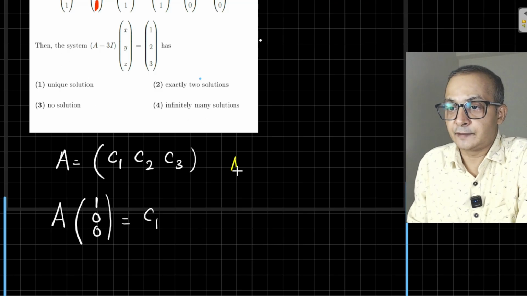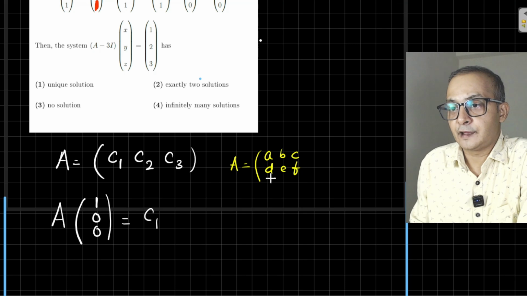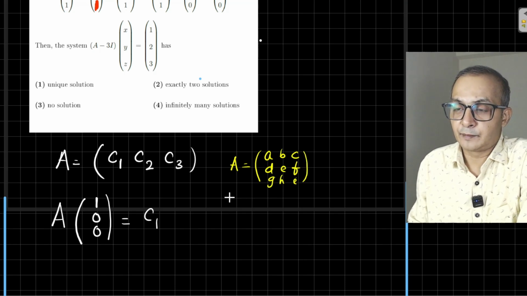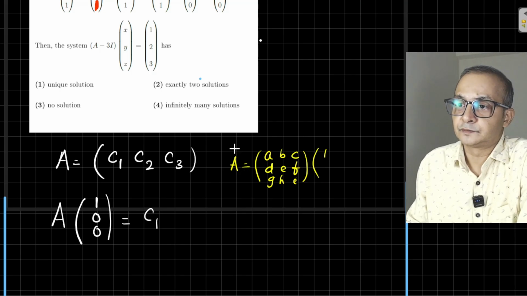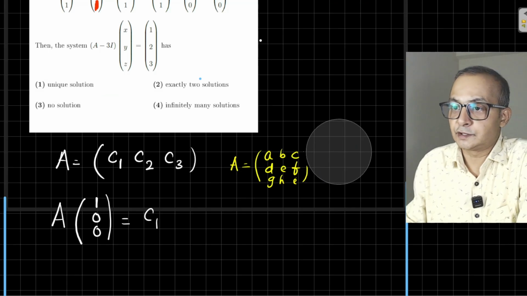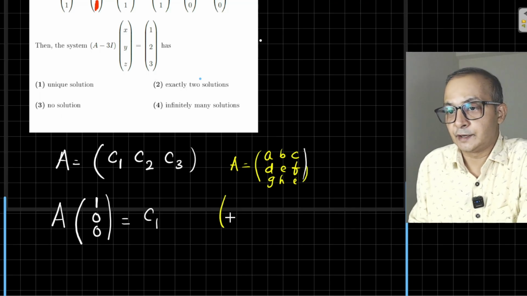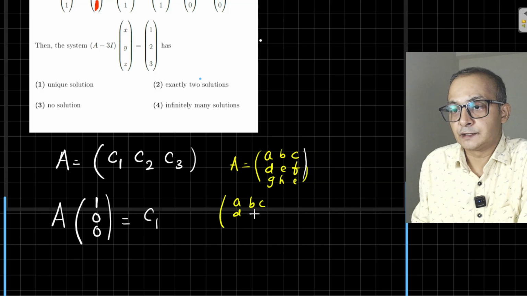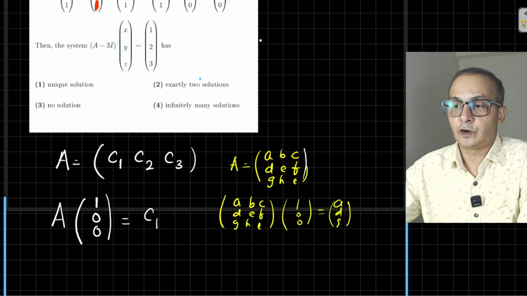Suppose I have a matrix A, which is, let's say, A, B, C, D, E, F, and G, H, I. And I'm multiplying this with (1, 0, 0). You notice what we get. It's just the first column, that is A, D, G. And this holds for every such column.